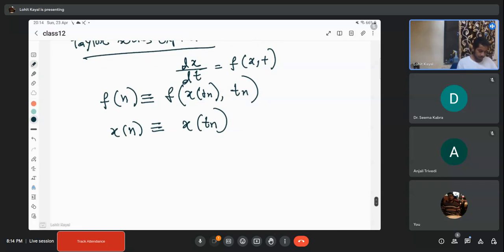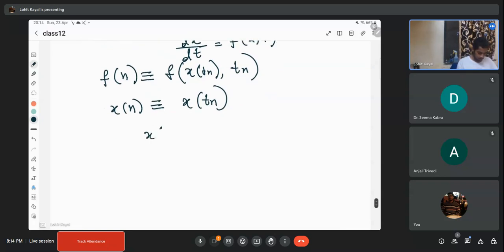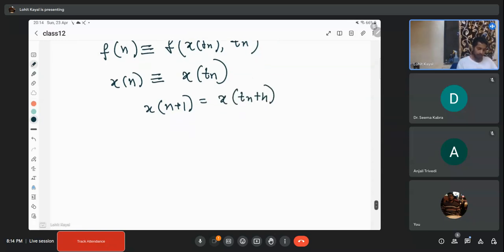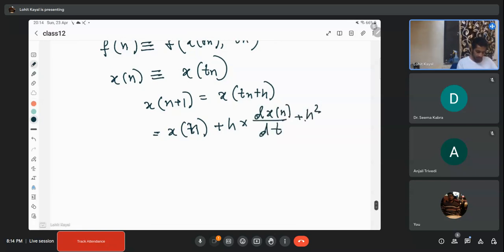So x_{n+1}, that is x of t_n plus h, I can Taylor expand around this t_n, which will be equal to x_n, that means x of t_n, plus h into dx_n/dt plus h squared by 2 d squared x_n/dt squared, plus dots.